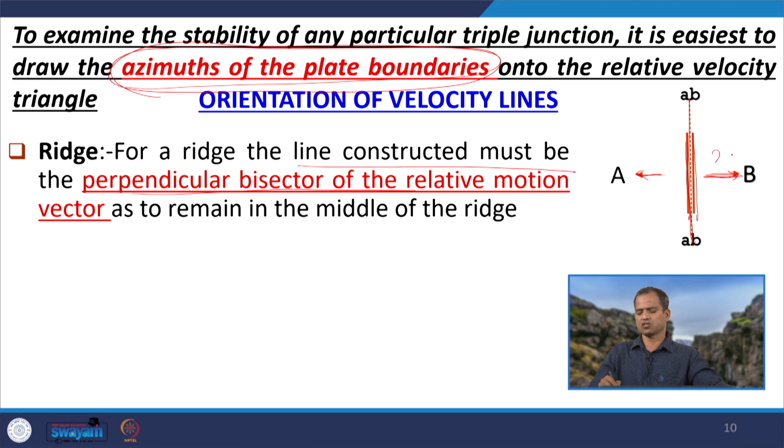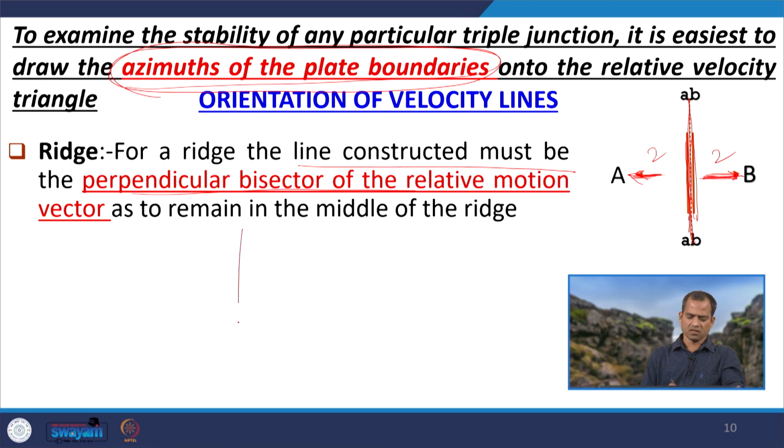Suppose, for example, it is 2 centimeter and 2 centimeter, the relative velocity will be 4 centimeter. If you remember our earlier class when we were talking about the relative velocity problem, that is why the orientation of this plate boundary bisects the relative velocity line, and that is why this direction and this direction experience the same relative velocity, is it not?